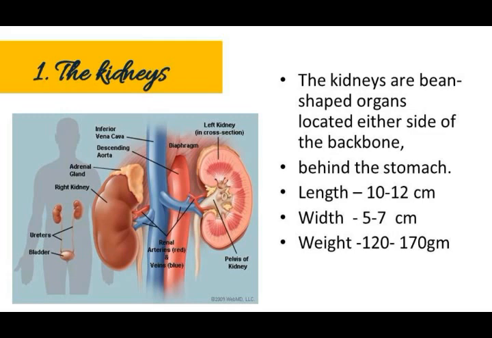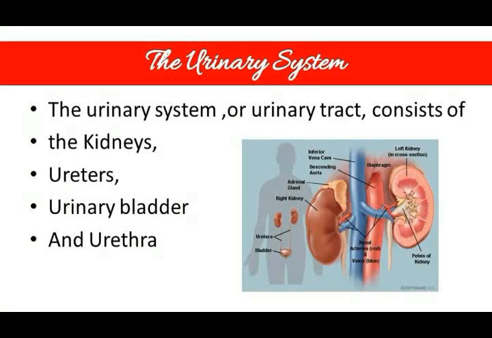The length of the kidney is 10 to 12 cm, width is 5 to 7 cm, weight is 120 to 170 gram. The urinary system or urinary tract consists of the kidneys, ureters, urinary bladder and urethra. Let's watch a video so that you can understand more.